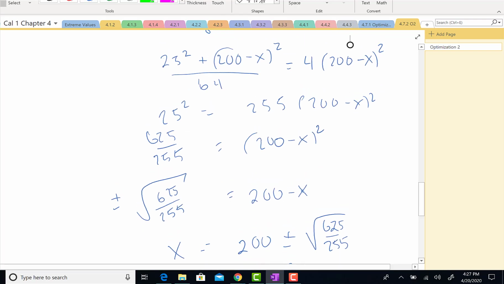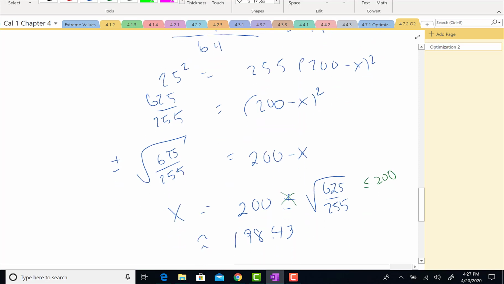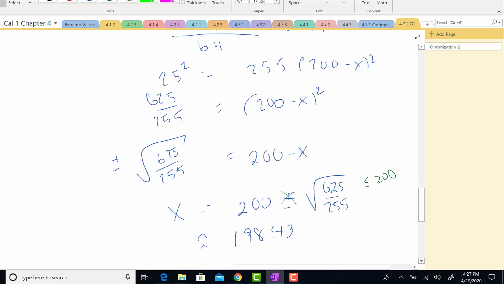In other words, x is equal to 200 plus or minus the square root of 625 over 255. Remember, x has to be less than or equal to 200, so we're not going to bother to add anything to the 200. We'll only subtract it. And that comes out to be about 198.43.